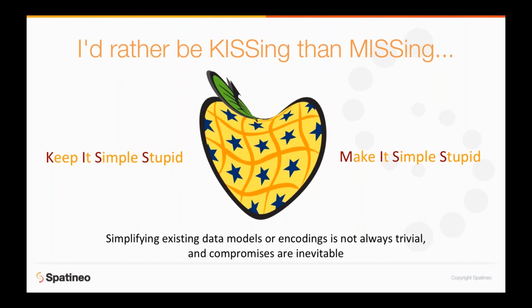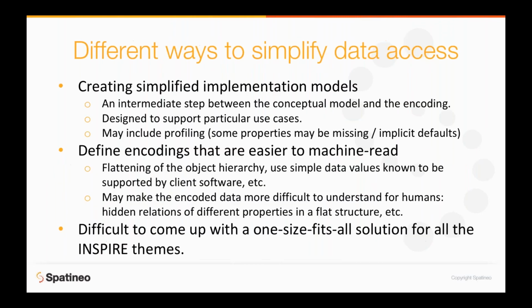Now, there are different ways to address this question of simplifying data access, data models, and encodings. So obviously, you can start with the conceptual model, and then by automated means, semi-automated means, or manually create another UML level model, which is called the implementation model.